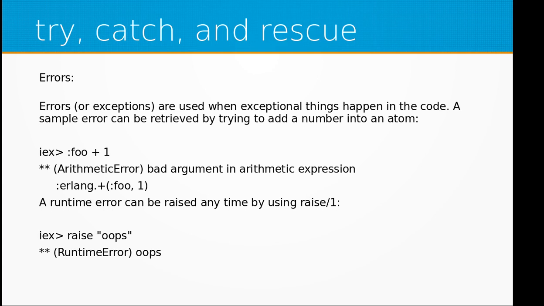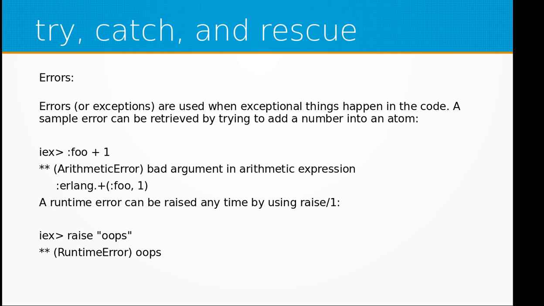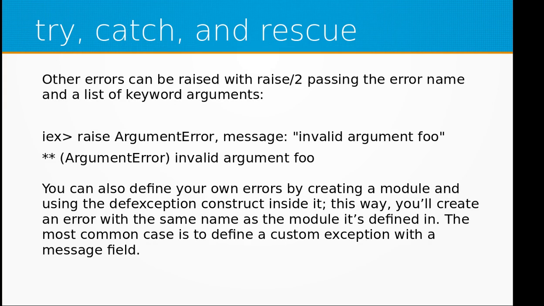A runtime error can be raised anytime by using the raise keyword. So if I say raise "oops", we get a runtime error. So that's how you can raise a runtime error at any time. Other errors can be raised with raise, passing the error name and a list of keyword arguments.